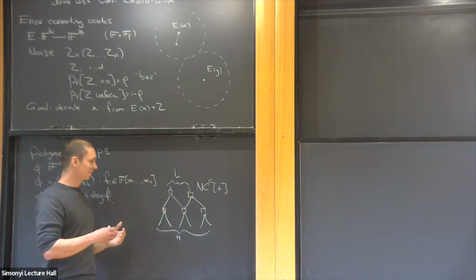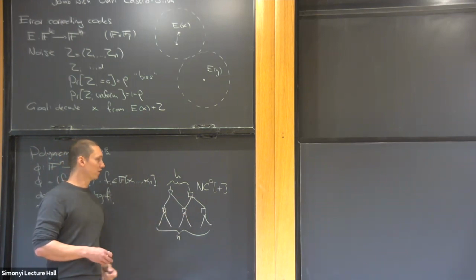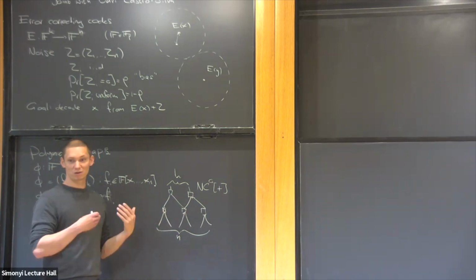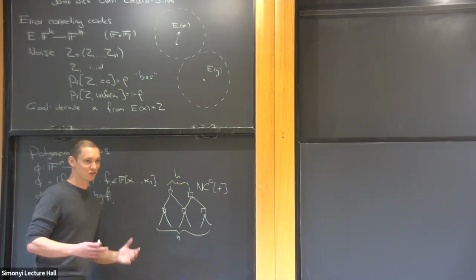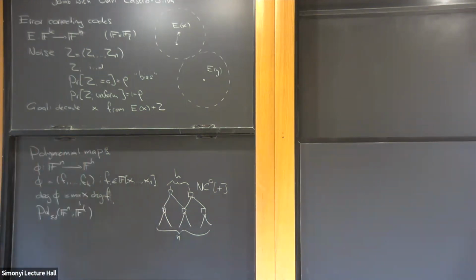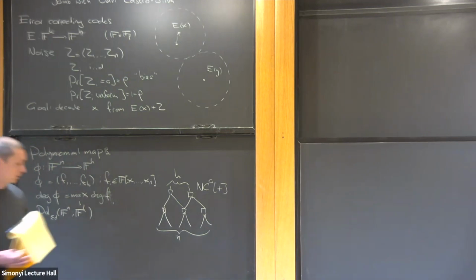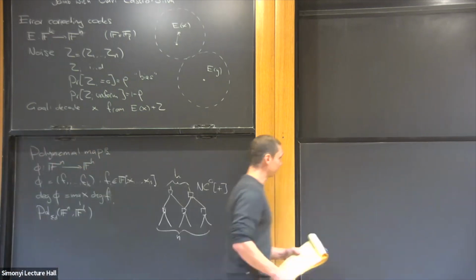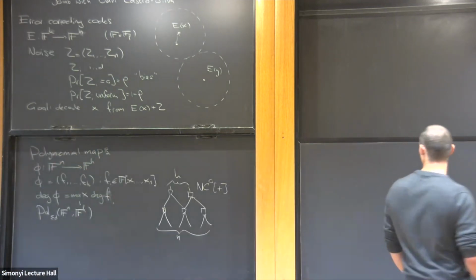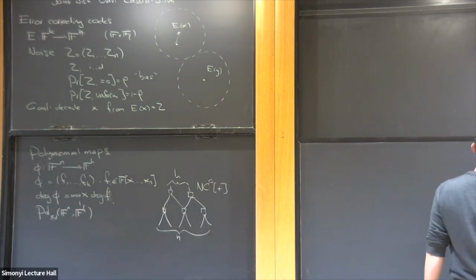So this, in a sense, shows that quantum NC0 plus circuits are more powerful than the classical analog. That was the gist of the whole project. But the difficult thing turned out to be showing that polynomial maps are bad at this, and that's what this talk is about. So the main theorem I want to discuss says what I just mentioned a couple of times.